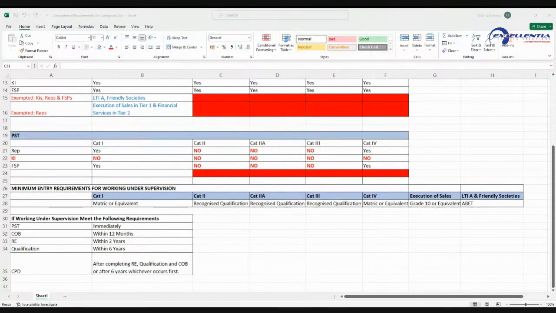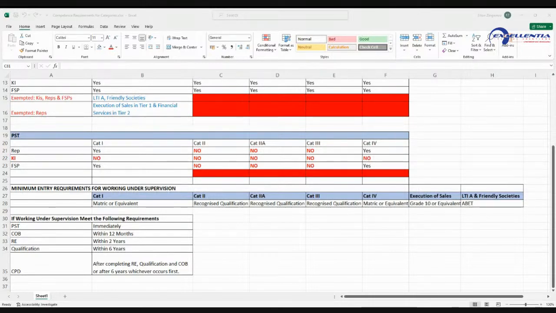I've always overemphasized, guys, that when you want to do Cat 2, 2A, or 3, you must know that the requirements are more and more stringent, because there is higher risk. The products are more complex.